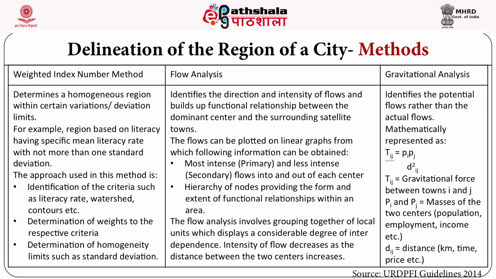As I said earlier, between two centers, if the distance increases, then the intensity of flow would decrease. So this is all about the classification, characteristics, and the delineation of regions.